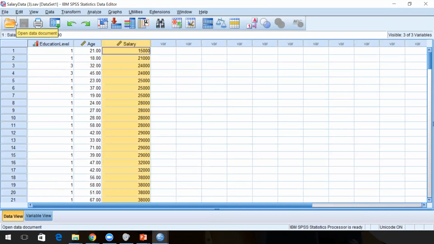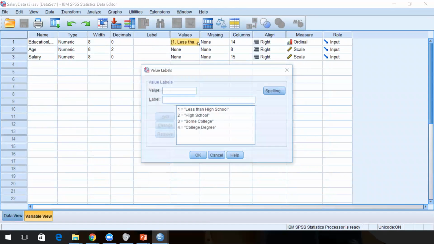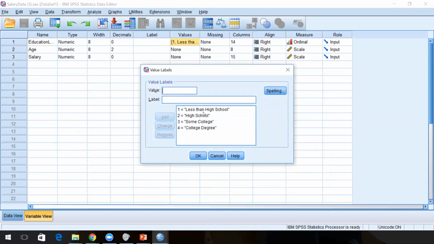Independent variables, generally interval or ratio, but we can use nominal and ordinal variables if we code them correctly. And that's a big if. And I will warn you about this. I guarantee someone, probably more than one individual, in their projects who use education or some other variable will take something like this, where we have someone's education level coded into 4 categories, and we'll look at what these are in their variable view. 1 less than high school, 2 high school, 3 some college, 4 college degree.